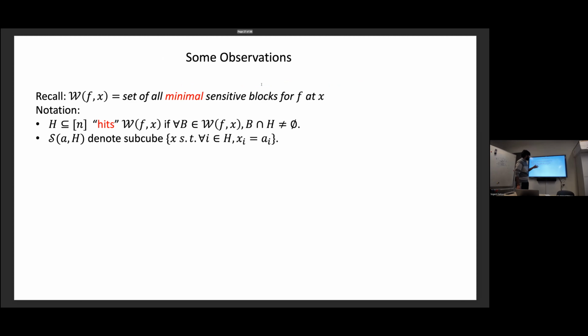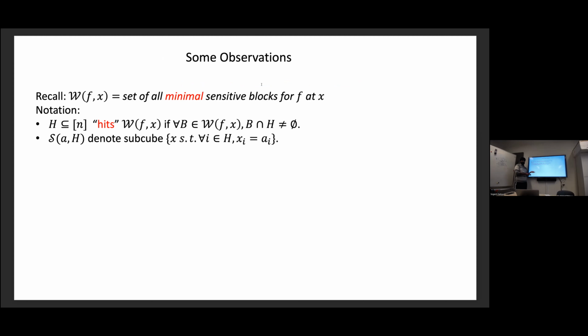Let me make some observations. With this W, I'm collecting all the minimal sensitive blocks at input x. It's a notation. And I say that H hits this family of sets if it contains at least one variable from each set.